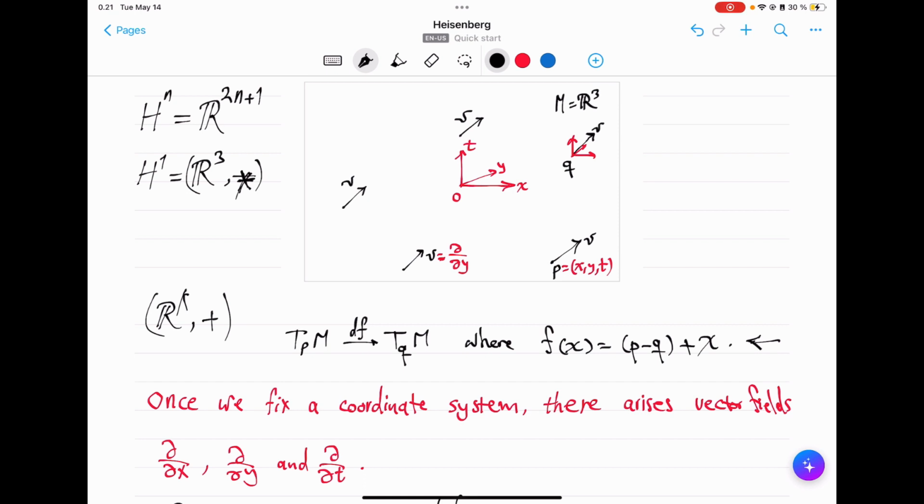Remember that we could keep the vectors as they are, but still change the inner product. For instance, we can say that the same vector partial x has a larger length at q than it does at 0. So it is technically possible to scale the metric that way as well.